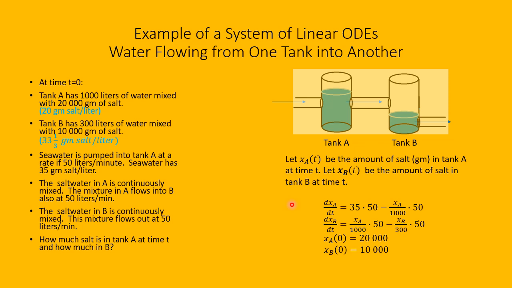So now, we solved previously, in a previous lecture, a problem kind of similar to this, where salt water ran into one tank and out of one tank, and we asked what was going on inside that one tank. But here we have two tanks, tank A and tank B. And so that makes things a little bit more complicated.